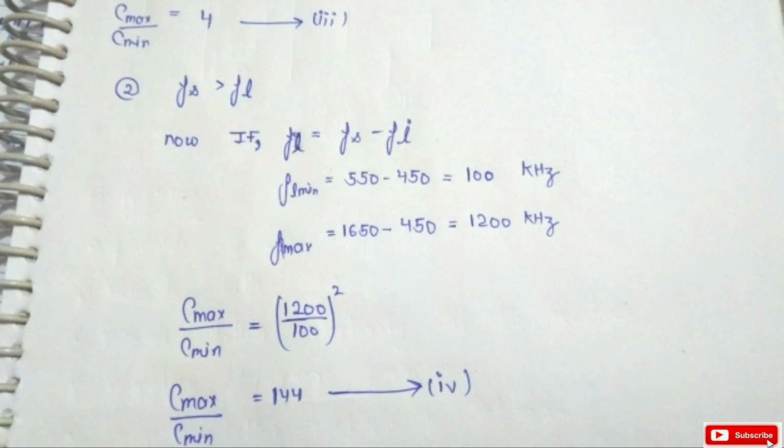If we vary the capacitor value, achieving a C max by C min of 4 is easy compared to 144. So we always prefer FL to be greater than FS, because we can easily vary the capacitor value and achieve a maximum to minimum capacitance ratio of 4.